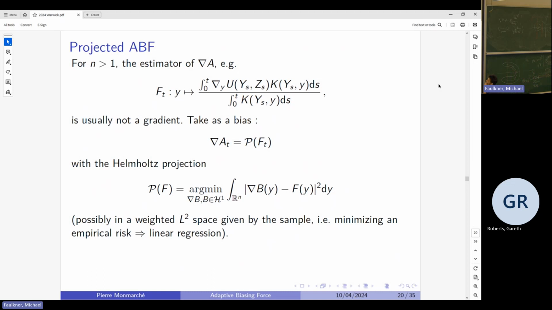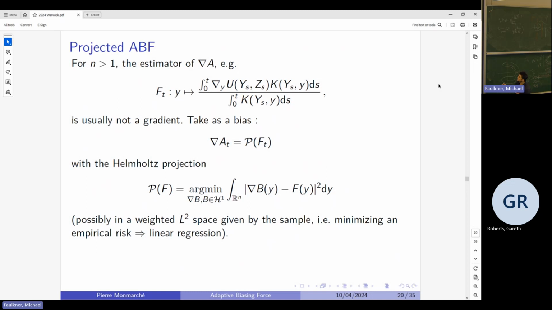Anyway, here is another variation, which is interesting. If you're in dimension larger than 1, I said that you use as a bias this. This is the conditional expectation of a gradient, but it's not a gradient.